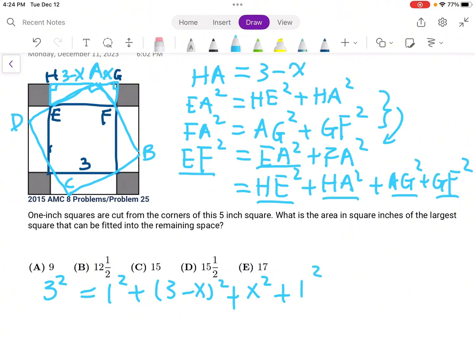We simplify this equation, and we get x squared subtract 3x plus 1 equals 0.